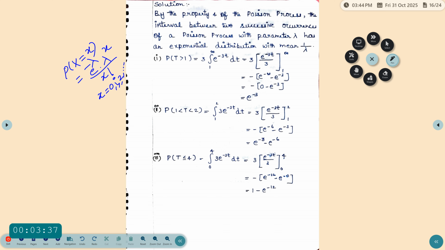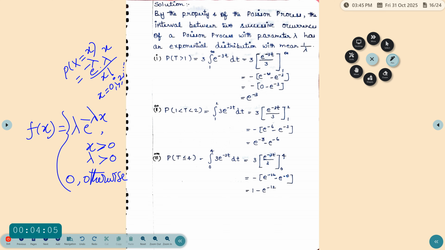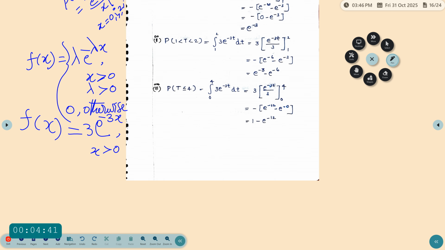But the exponential distribution is f of x equal to lambda into e power minus lambda x, where x is greater than 0 and lambda is greater than 0, and f of x is 0 otherwise. Since two consecutive occurrences are mentioned in our question, we use property 4 of the Poisson process. So the function f of x is lambda e power minus lambda x with lambda equal to 3, that is 3 e power minus 3x, where x is greater than 0.